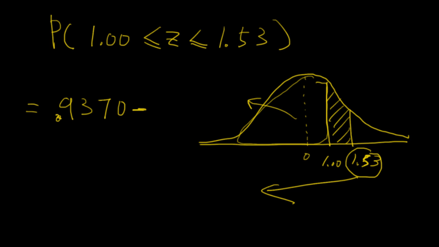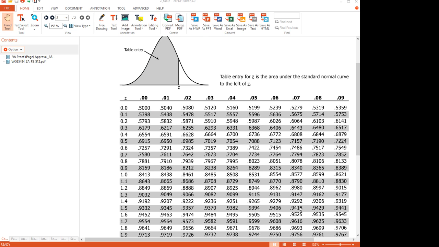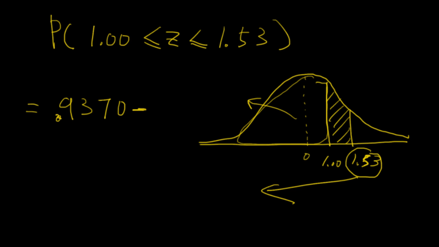Now to that, we're going to subtract this much, 1.00 to the left. Now, if you go to the table, 1.00 is right here, this number, 0.8413, right? So this would be 0.8413.